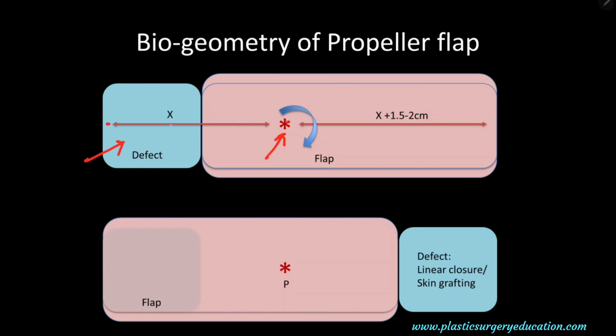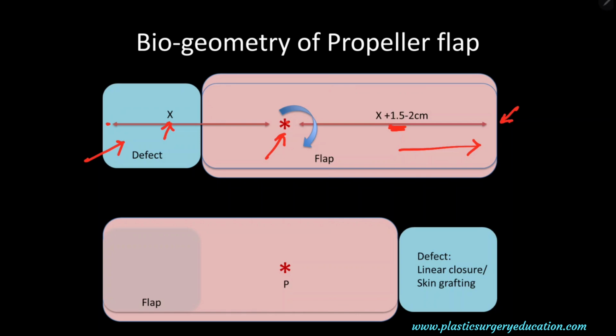This distance is x. Now this distance is replicated on the long axis of the vessel or on the long axis of the extremity. We add x plus 1.5 or 2 centimeters to provide some space for axial rotation and also consider the thickness of the skin, and we mark the distal edge of the flap.